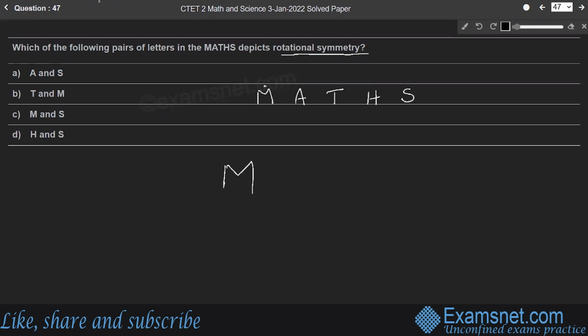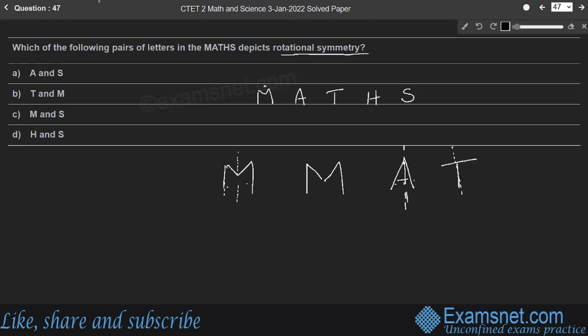Consider shape M. It has an axis which divides the shape into two equal halves. That is this shape and this shape, right? Similarly, letter A has an axis of symmetry which divides the shape into two identical halves. Similarly, letter T.